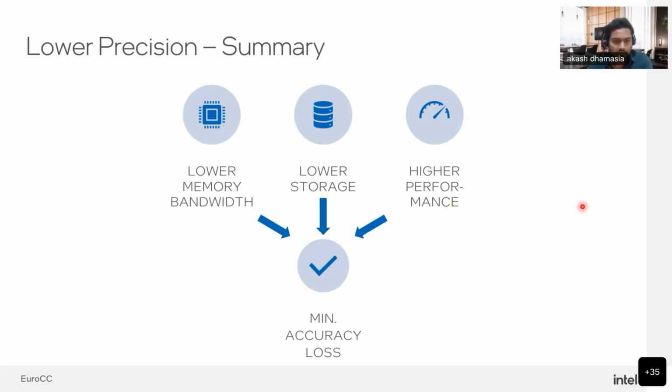In total, when you are converting to a smaller data type, it should not lose the accuracy of your model or application. So in Intel, we always have this consideration and choose accordingly how your data type should be converted internally in the backend, so that you don't have accuracy loss, but you also get high performance, lower storage, and lower memory bandwidth.